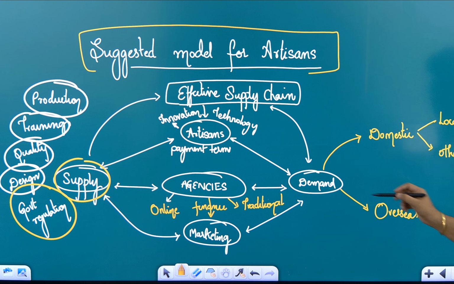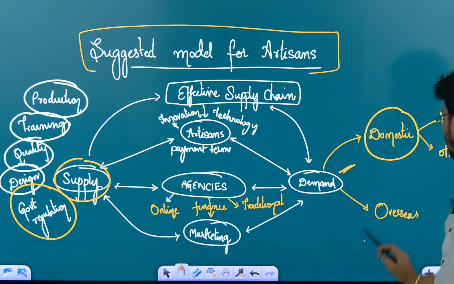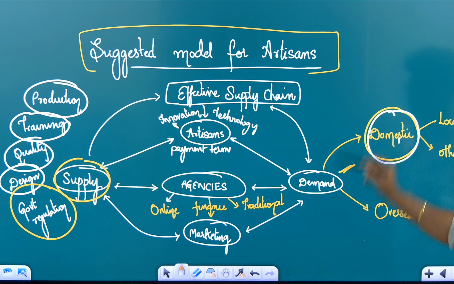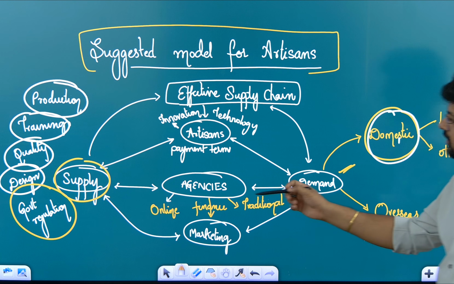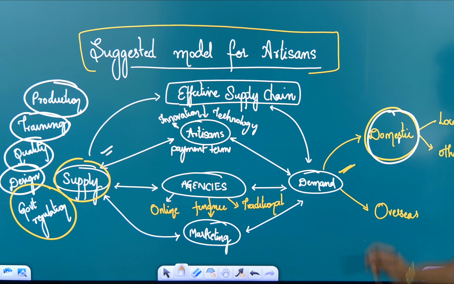And what can you do on the demand side? On the demand side, you have to develop an interest for these handicrafts and the artisanal products that they are developing. So you have to develop the domestic demand in the local and in the other areas.